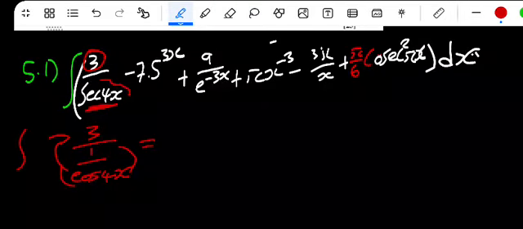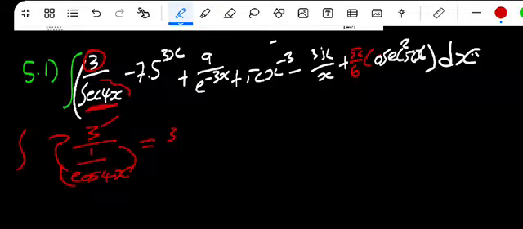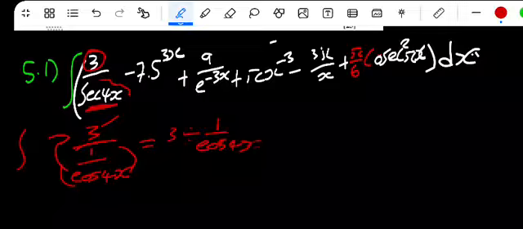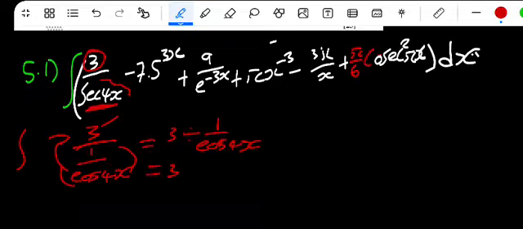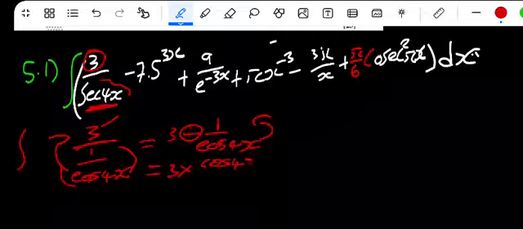Or you can just use math if you don't understand that. This is the same as 3 divided by 1 over cos 4x. Remember, when you divide, this changes to multiplication, and this will go to the top. We'll have cos 4x over 1.